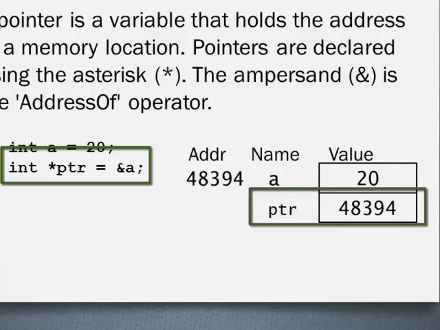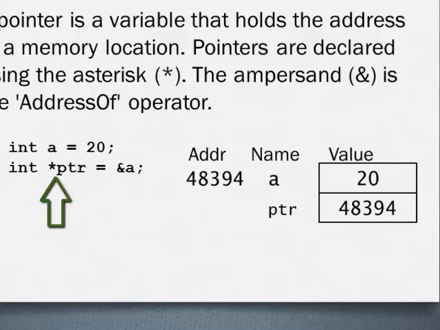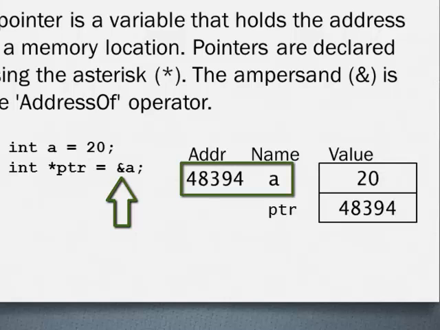You don't have to call it PTR, but that's just what I happen to call it here. Star in front, when I'm doing the declaration, means I'm declaring a pointer. Ampersand A means the address of variable A. So I have a 48394, which is a memory address, and that gets stored into PTR.